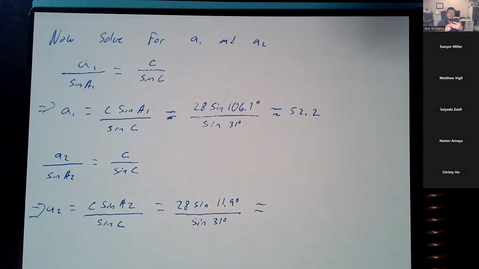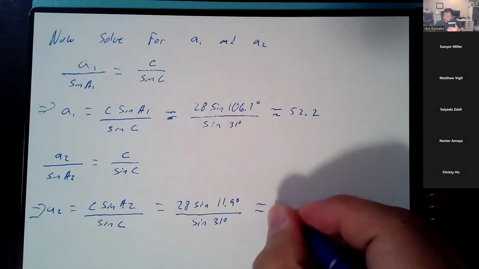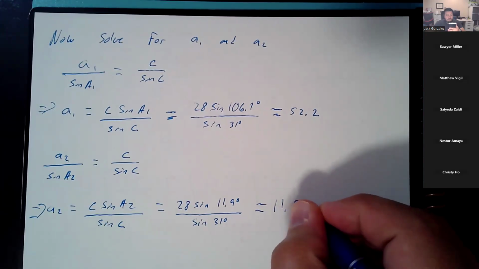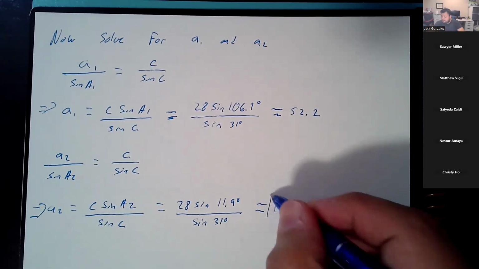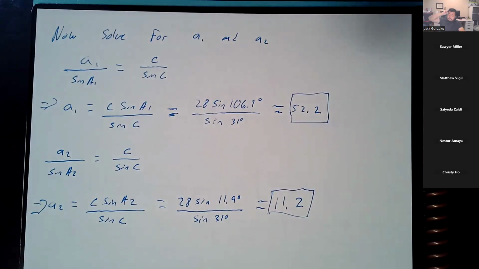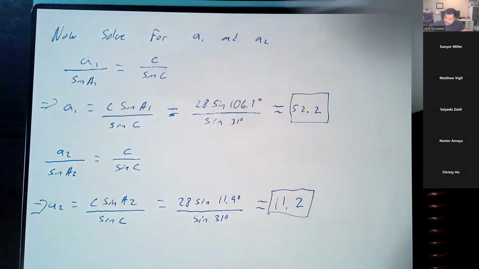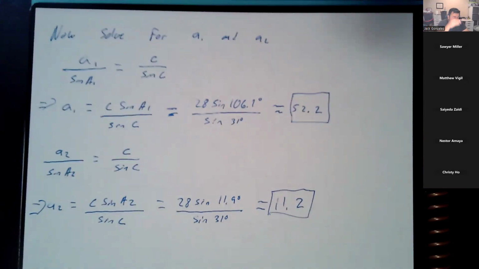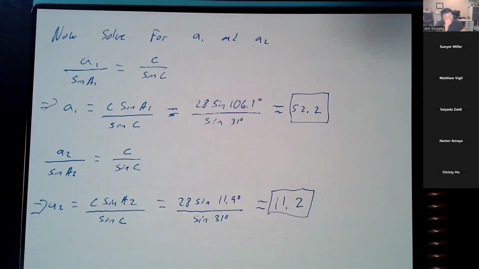There we go. So because we had that weird case, we had to find two triangles. Let me try to find you a visual. But are there any questions on this problem?